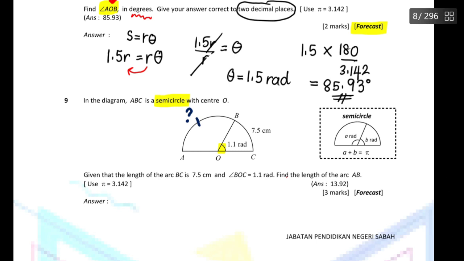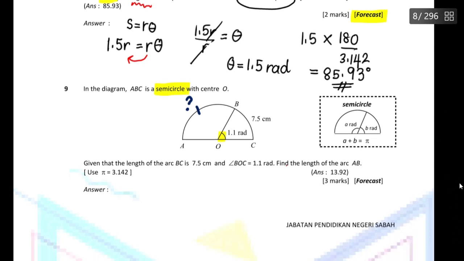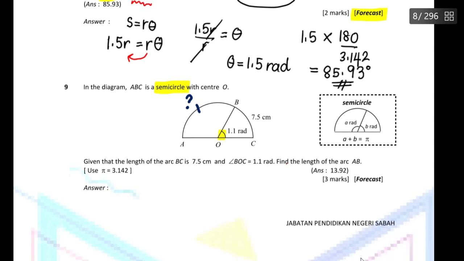Alright, so if it's you guys, what will you start off with? It's quite easy, right? First step, find the opposite angle first. What is the theta? What is the angle AOB? Now, usually angle in a straight line is 180 degrees.